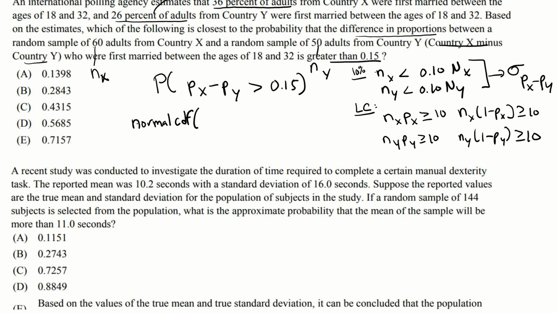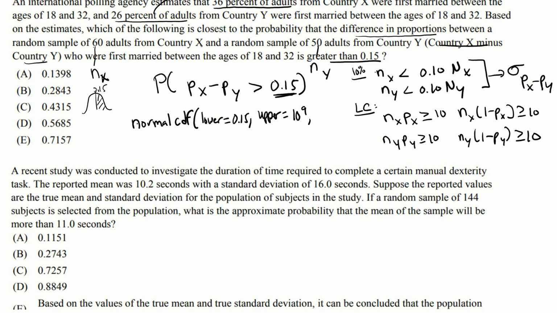Normal CDF, the lower. Okay, so the lower here, and remember we're doing greater than 0.15. So that means that if you were to do your graph, you have 0.15 here, and we want to do greater than that. So your lower has to be 0.15, and your upper has to be infinity, which you would just write 10 to the 9th power or something like that.